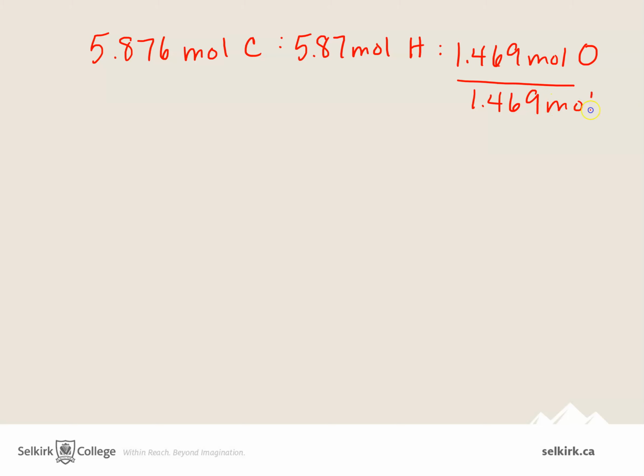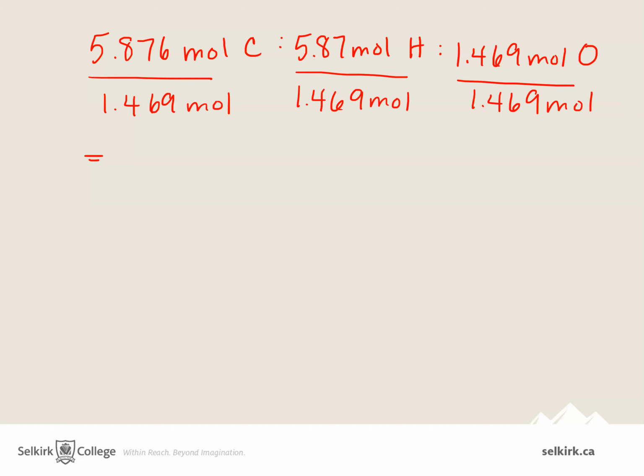When I divide 1.469 by 1.469, I'm sure I'm going to get a small whole number. That's 1. You remember, if I do the same thing to every part of the ratio, my ratio stays true. Now I've got the unrounded values in my calculator memory. I'm going to pull those from memory to save time and avoid round-off error.